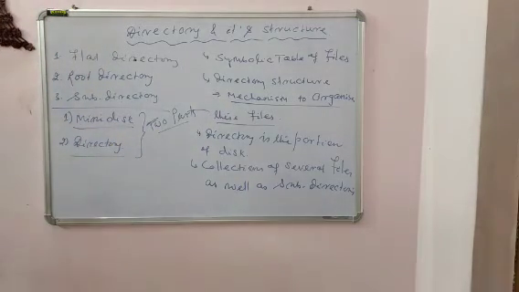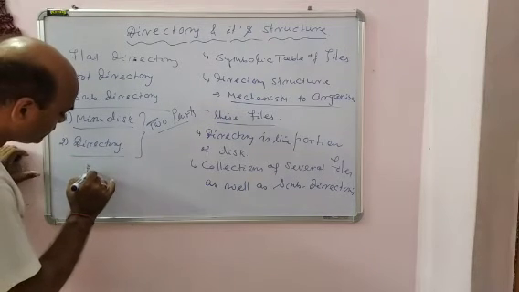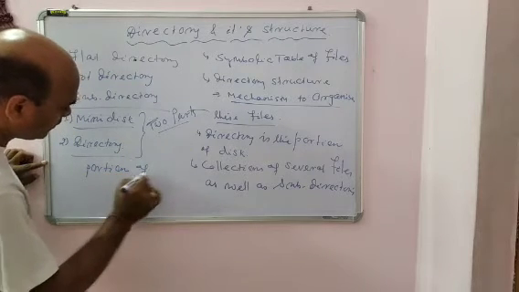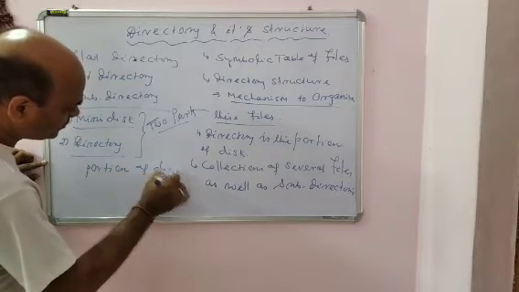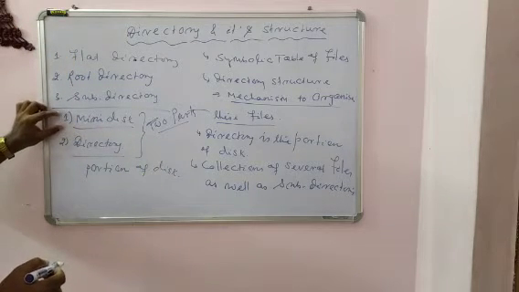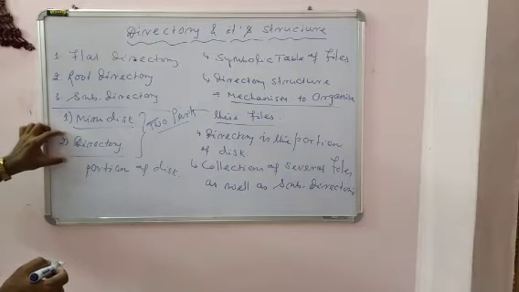These directories are portions of the disk, portions of the mini disk. So the entire hard disk contains several mini disks, and each mini disk contains several directories.